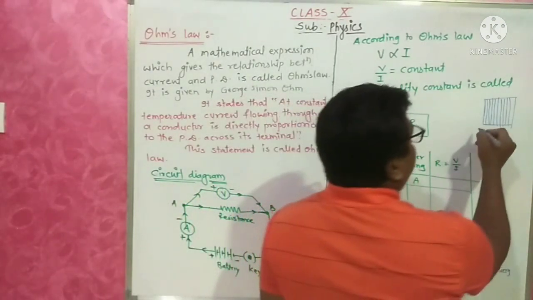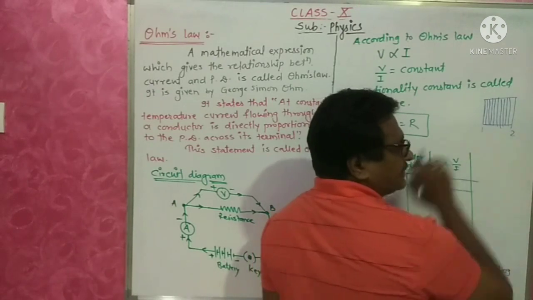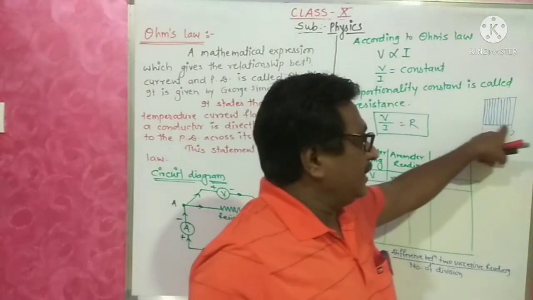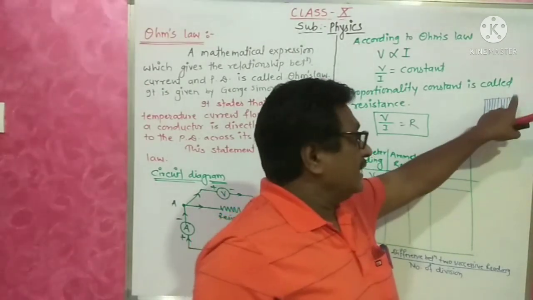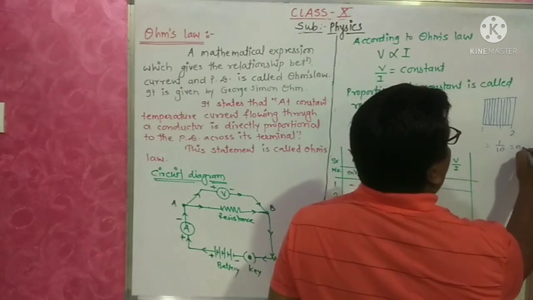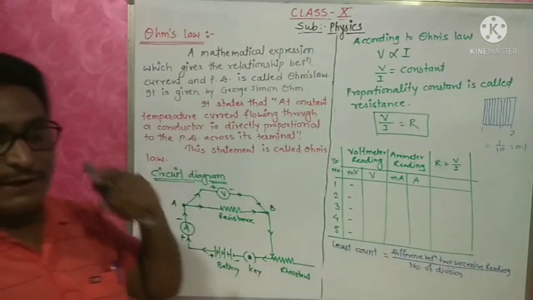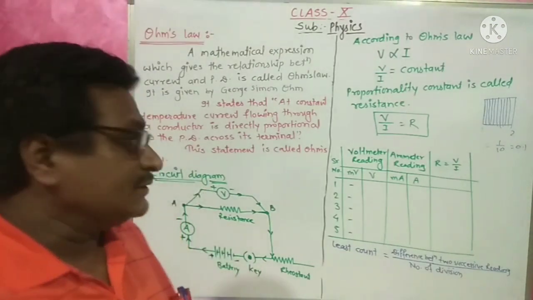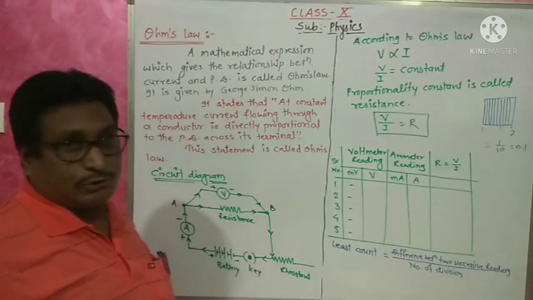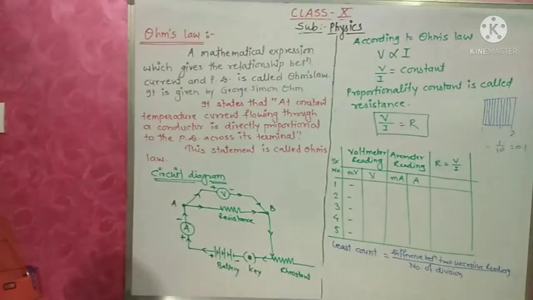Suppose here 1, here 2 is there. So difference between two successive readings is 2 minus 1, that is 1. And how many lines are there? Number of divisions is 10. So 1 by 10 means 0.1. Means the value of one line is 0.1 centimeter.